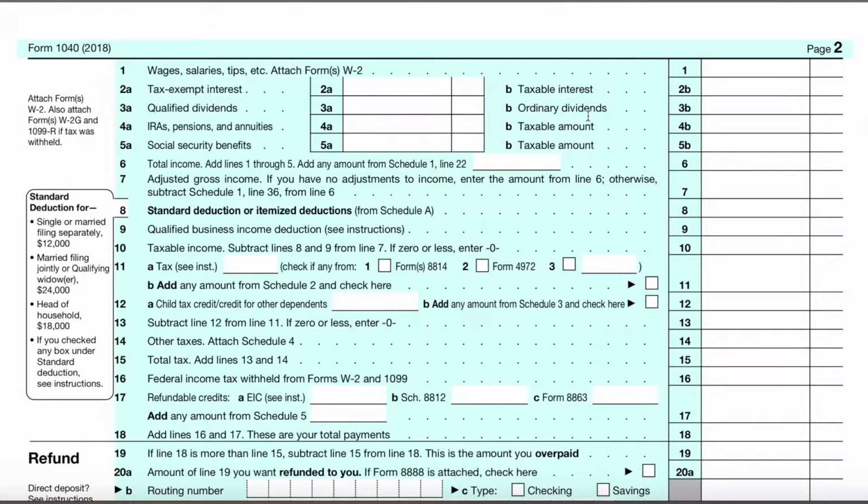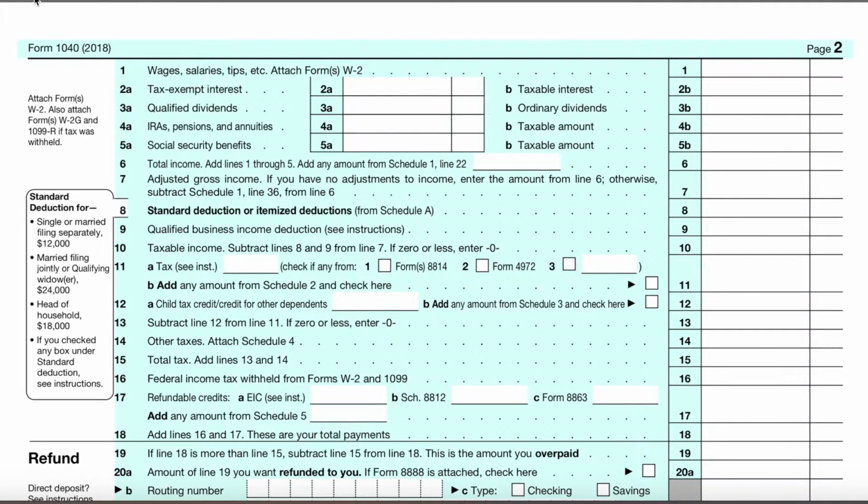Then we have ordinary dividends, which are taxed at the taxpayer's ordinary income tax rate. And IRA distribution, Social Security benefits. Line item 6, total income. Now that's the sum of lines 1 through 5.